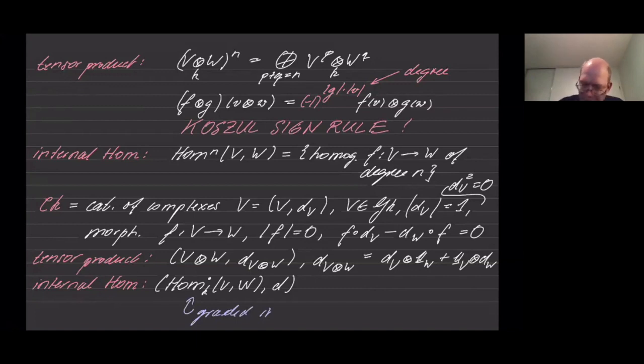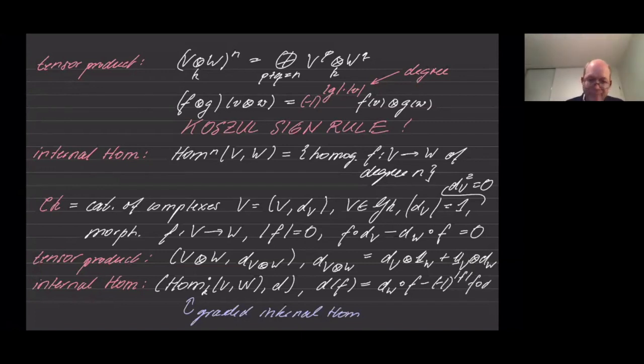And then the differential takes a homogeneous map f to the graded commutator: dW composed with f minus (-1) to the degree of f composed with dV.